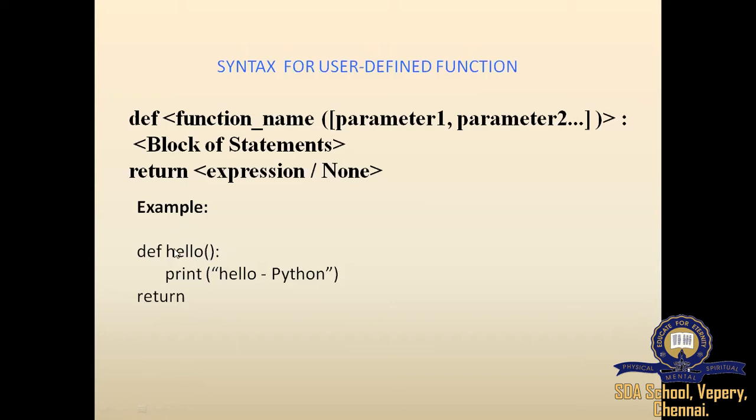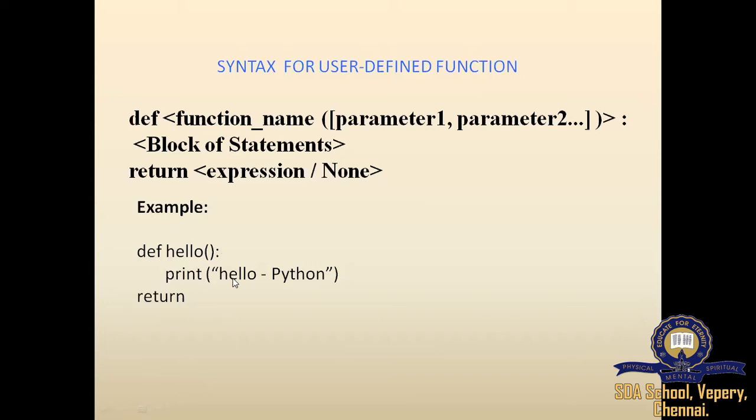You have to end that first line of your definition with a colon. When you press enter, we can see a space is generated. This is called indentation. In Python, the blocks of a function are created by indentation.